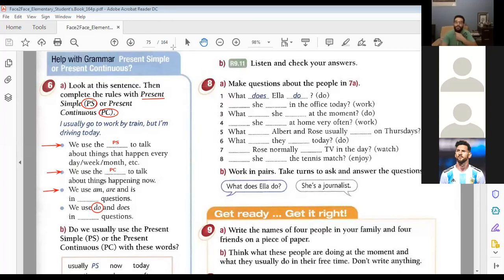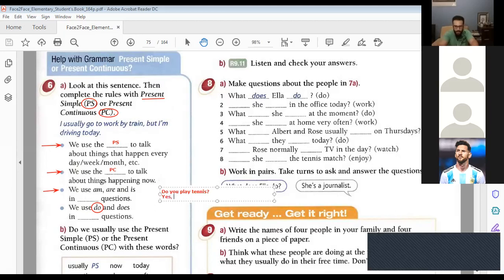Do you play tennis? Yes. Now this is good. Do you play tennis? What's the answer? Yes, I do. Or no, I don't. Very good. This is present simple, right?